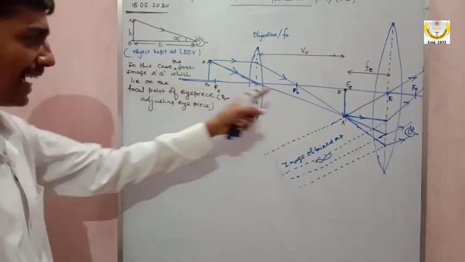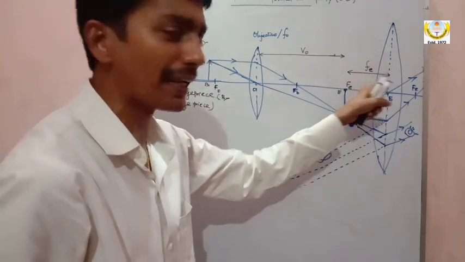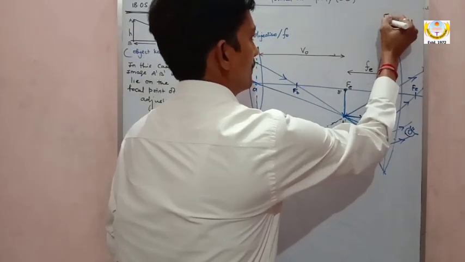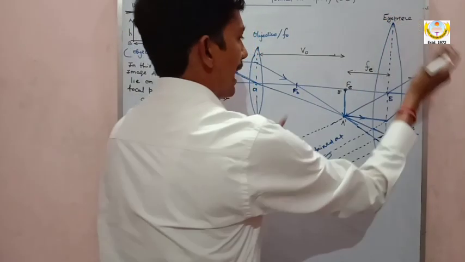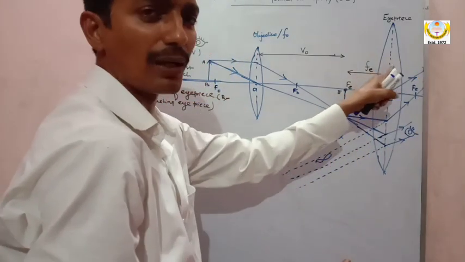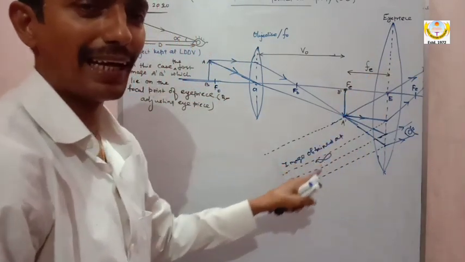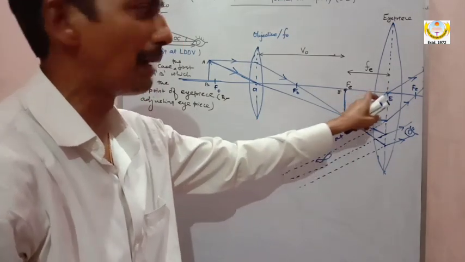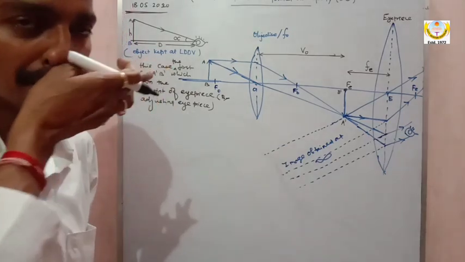How did I do this? How did I bring this image onto its focal plane? By adjusting the eyepiece. I adjust the eyepiece and this image lies now on the focal length of eyepiece, and as soon as this image falls on the focal length of eyepiece, the image by the eyepiece is at infinity, the final image.